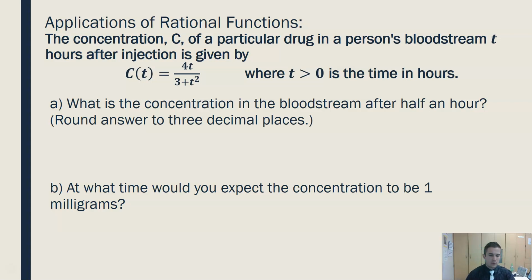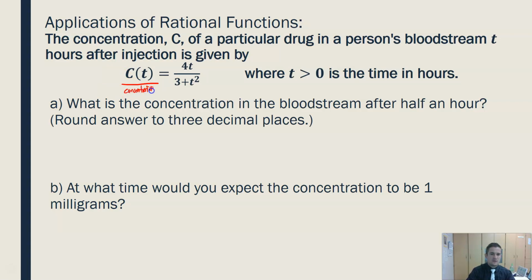So this example that we're going to go over in our guided notes says this: the concentration C of a particular drug in a person's bloodstream, t hours after injection, is given by this formula. C of t equals 4t over 3 plus t squared. So this over here is the concentration.